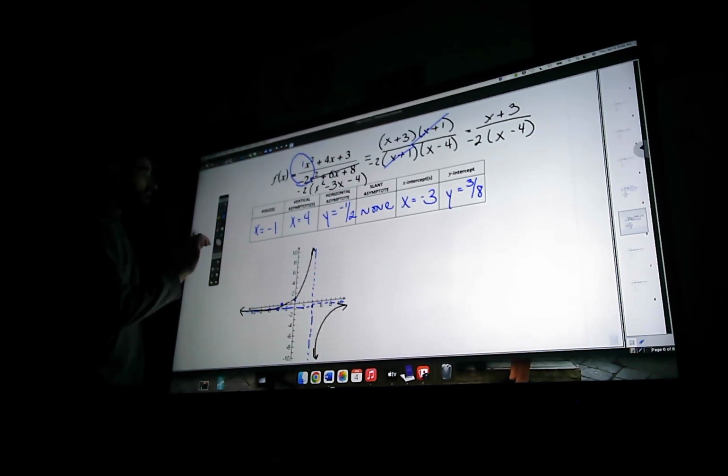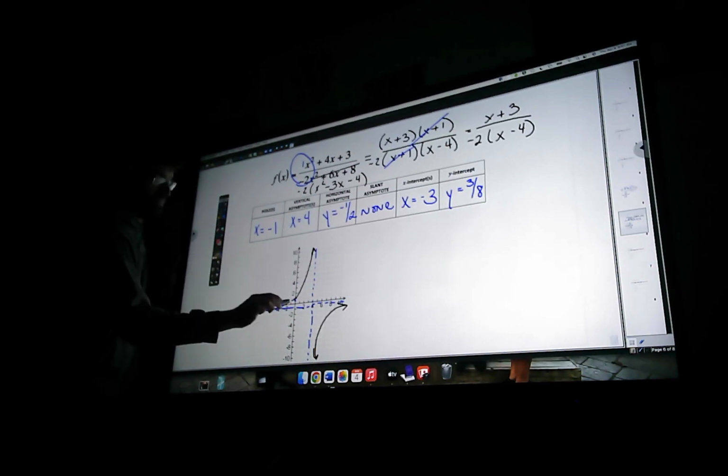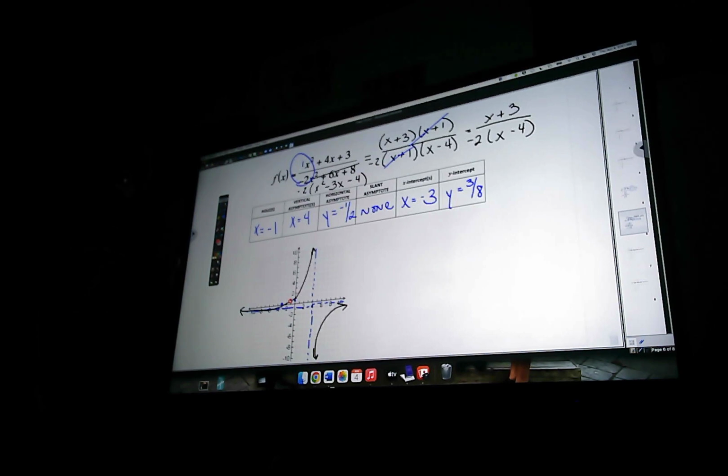So where it crosses here at -1, I'm going to put a hole in the graph. Understand that it's not on the x-axis, it is on the function. Questions? No. Any questions at all?